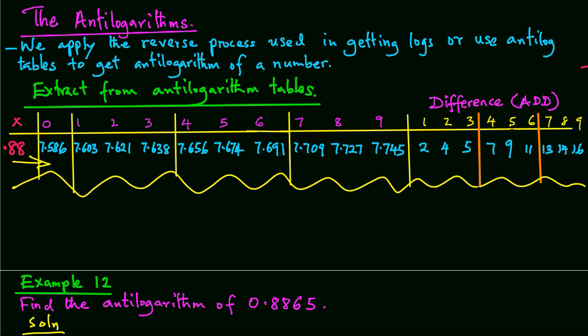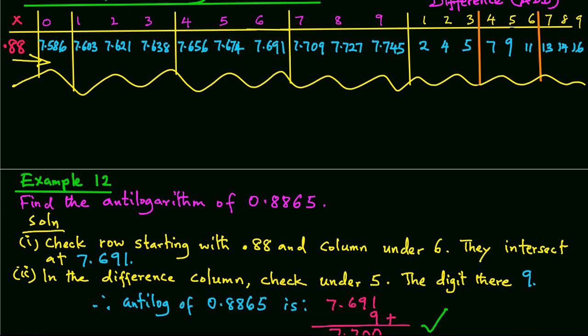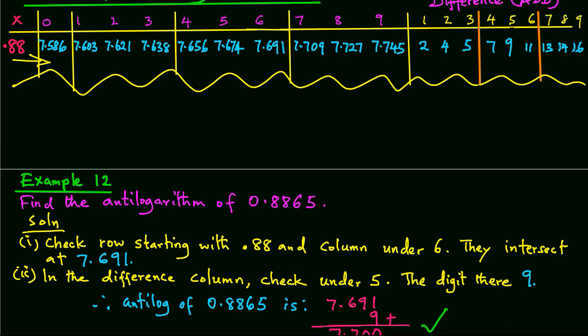For example, in example 12, we are to find the antilogarithm of 0.8865. So here we start by checking the row with 0.88 and the column under 6.